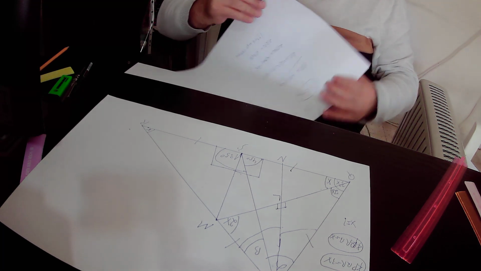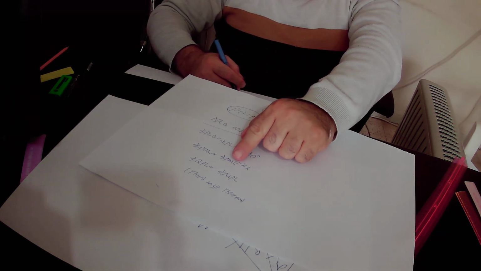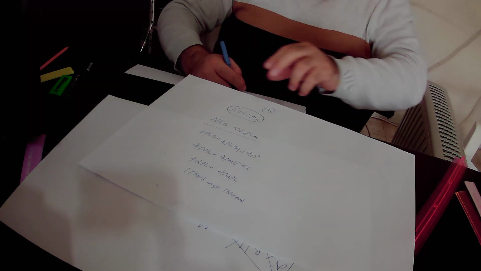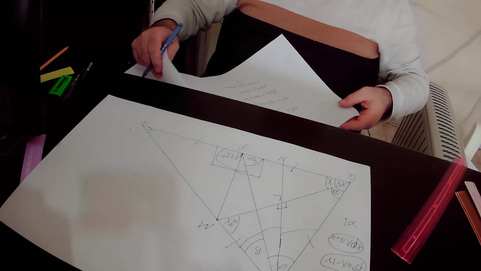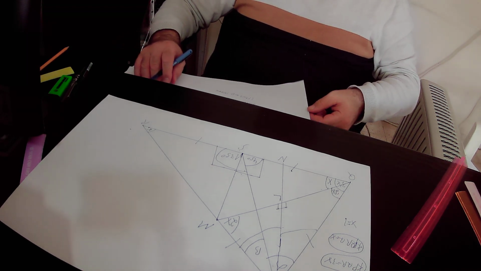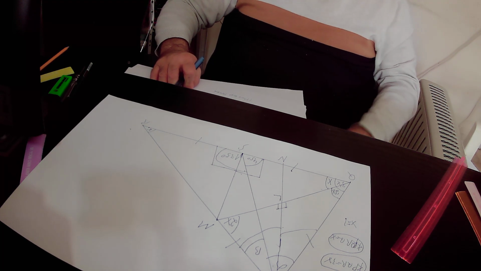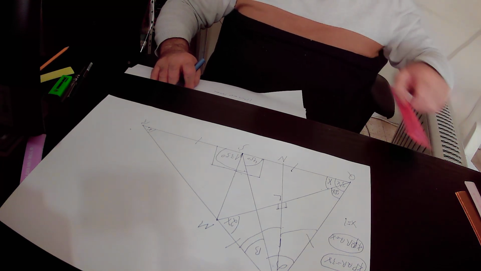I repeat again, angle QPL equals angle MPL according to the third angle theorem. So what is the third angle theorem? The third angle theorem is that if two angles in one triangle are congruent to two angles in another triangle, then the third pair of angles must also be congruent. Why? Because the angles of a triangle sum to 180 degrees. Okay?